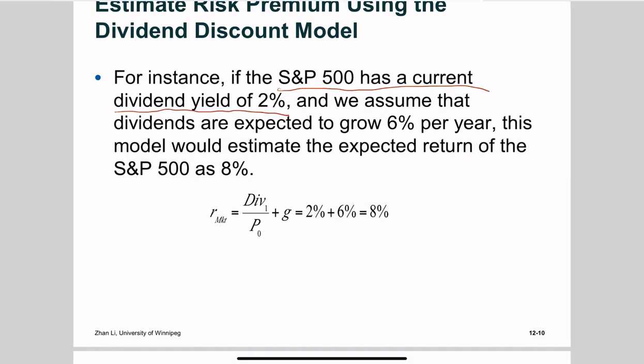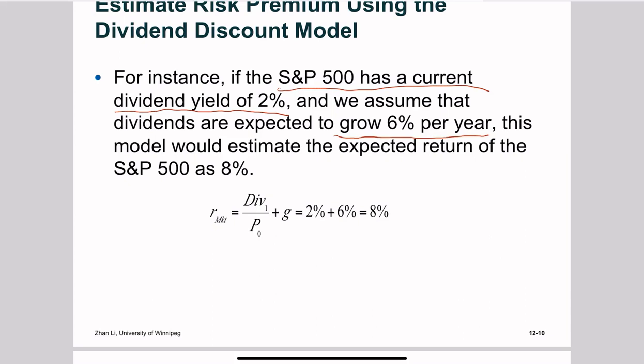And I would say most of the time, this dividend yield estimation is generally quite accurate because firms' dividend payouts are generally very stable. And we assume that dividends are expected to grow 6% per year. Again, this kind of estimation can be quite accurate.